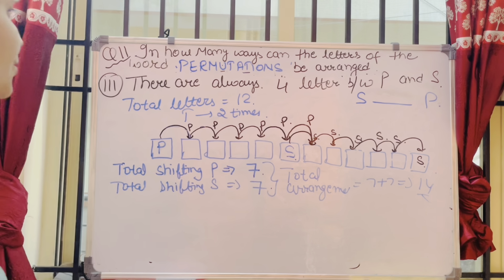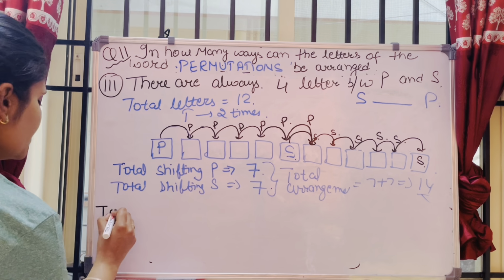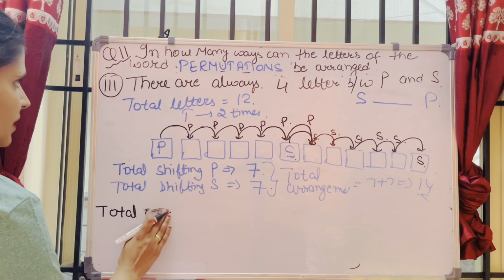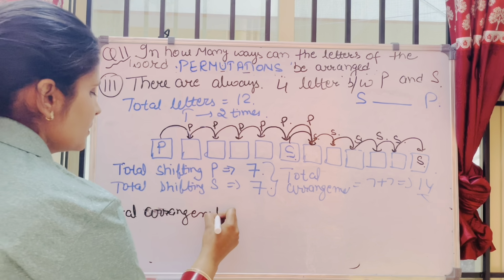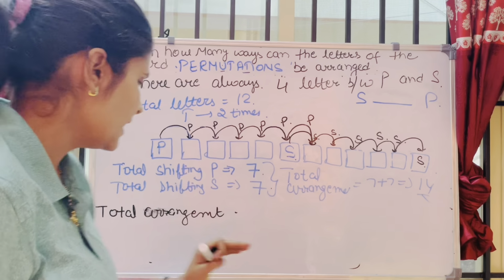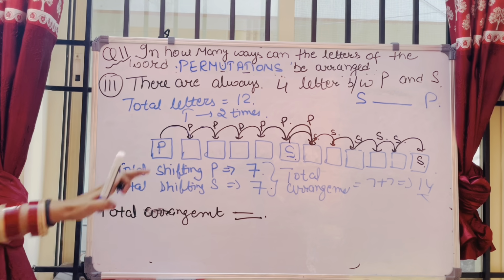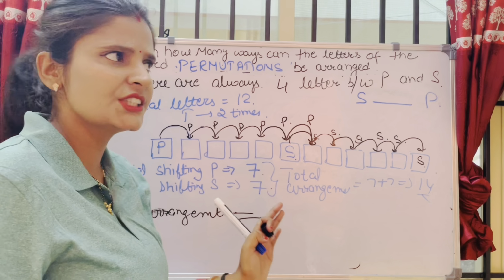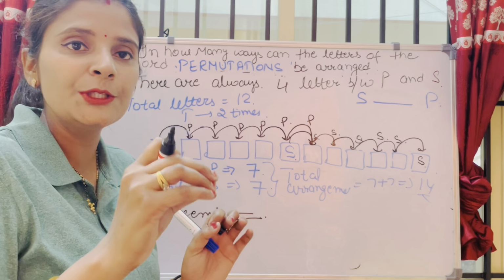Now in the next condition, we will find the total arrangement when there are 4 letters between P and S. You can write it like this. P and S are in fixed positions. So out of 12, 2 letters are fixed, which we don't need to arrange.